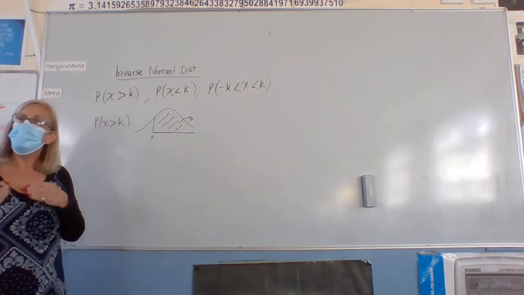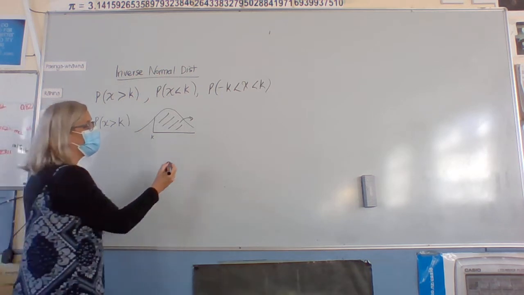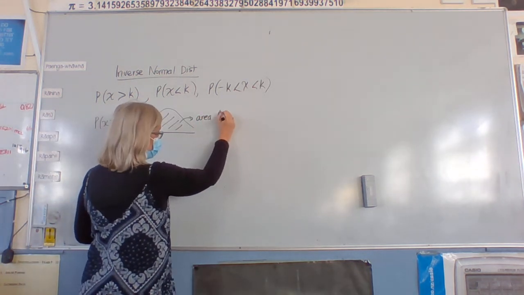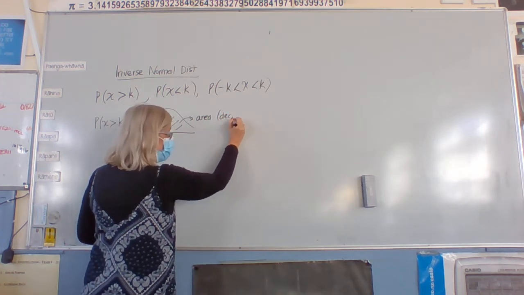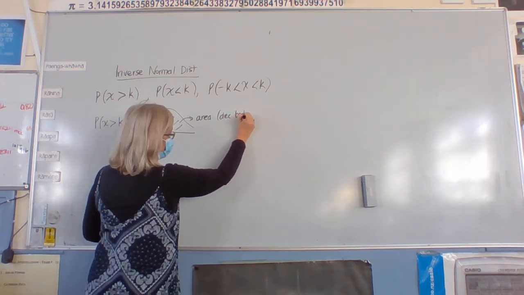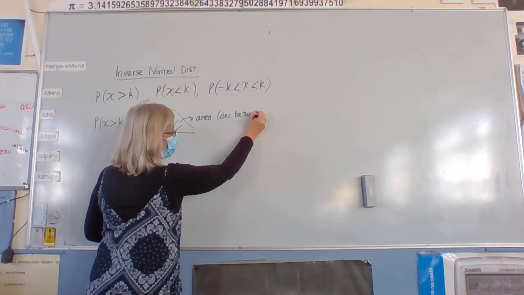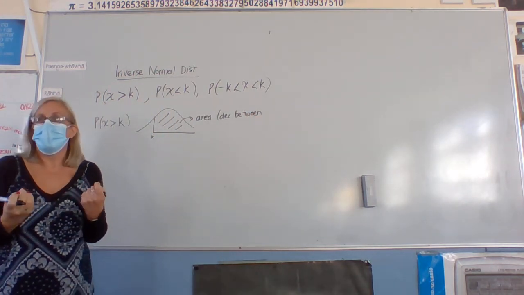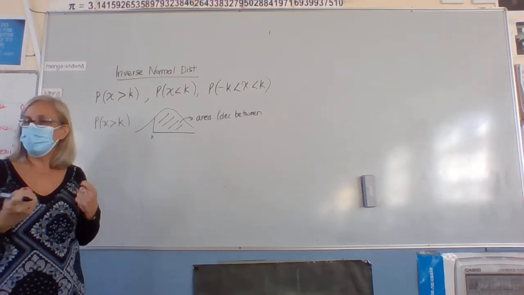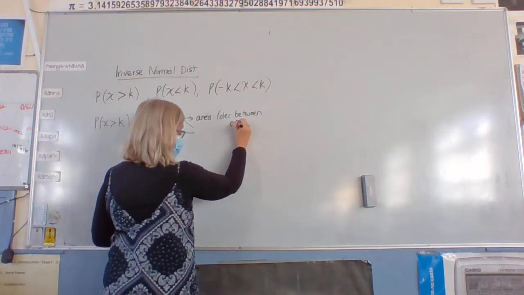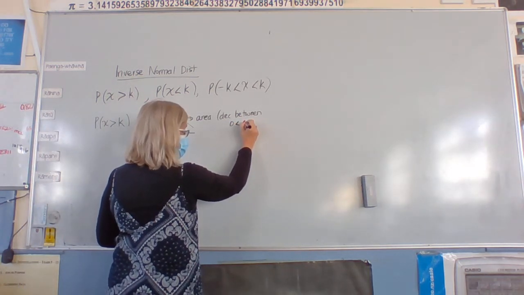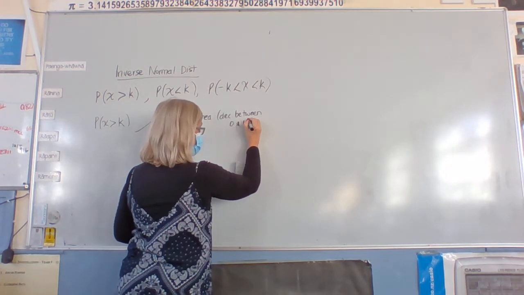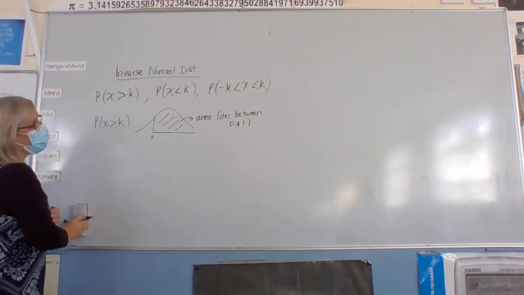That probability is called the area, and it will always be a decimal between what and what? What does it have to be between because it's a probability? Right, 0 and 1. Okay, so that's the picture for that one.